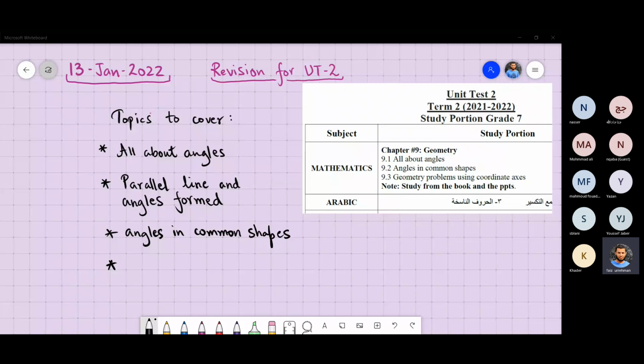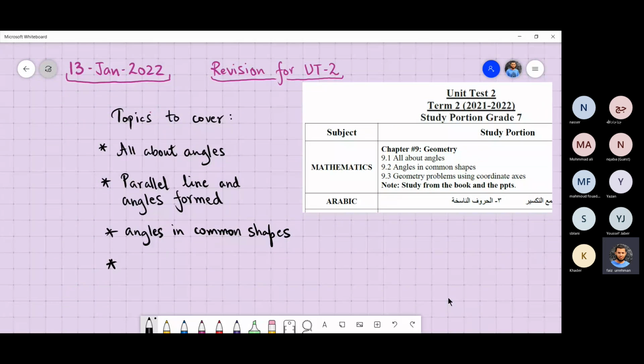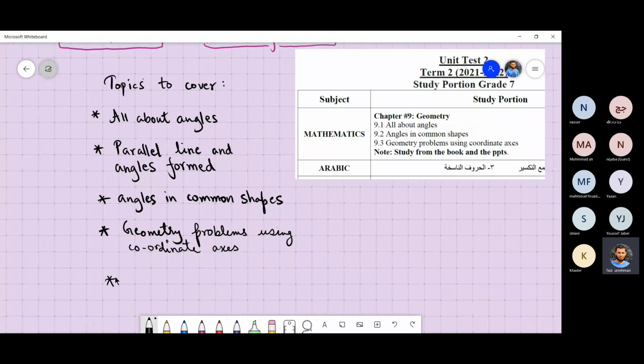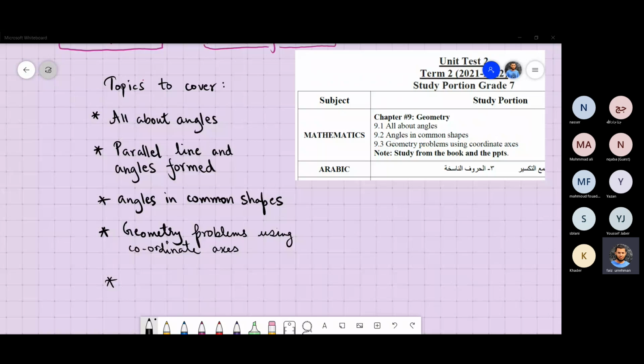Angles in common shapes. Then we have geometry problems using coordinate axis. Okay. Then something remaining.